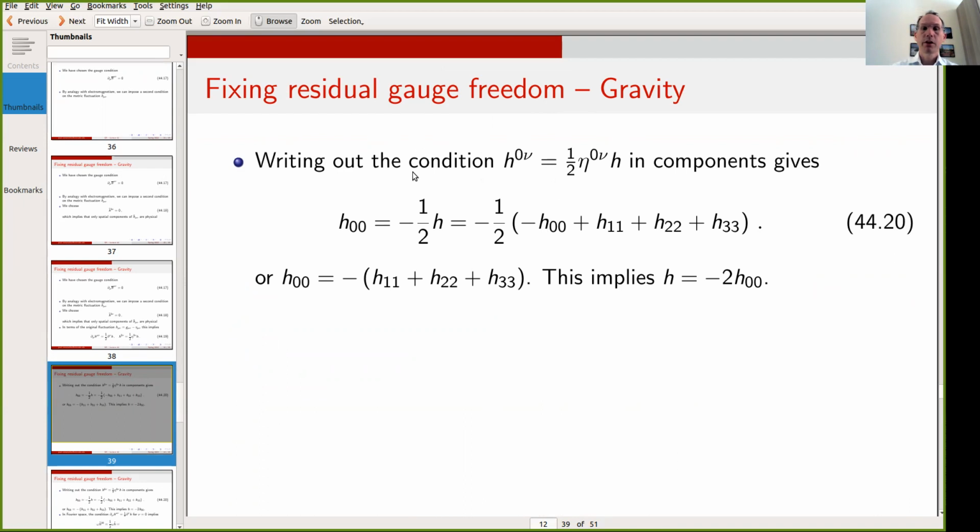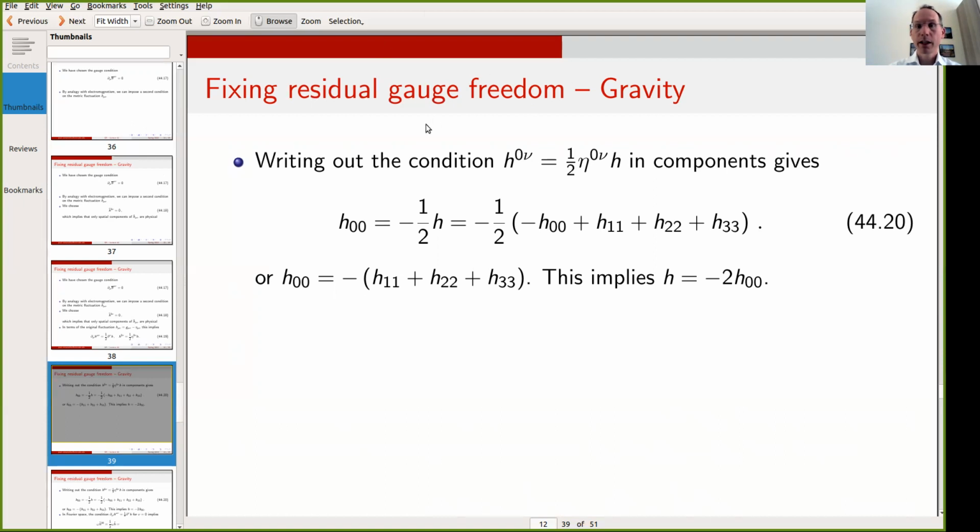And because there's an H00 both on the left and the right-hand side, I can bring this H00 to the left-hand side, leaving 1/2 H00 on the left is minus the sum of all the spatial components on the right, which just gives that H00 is minus the spatial trace of the components. Now, this is one condition on H. The second condition follows from here. I can solve this for H00, which means that the full trace must be equal to -2 times H00.